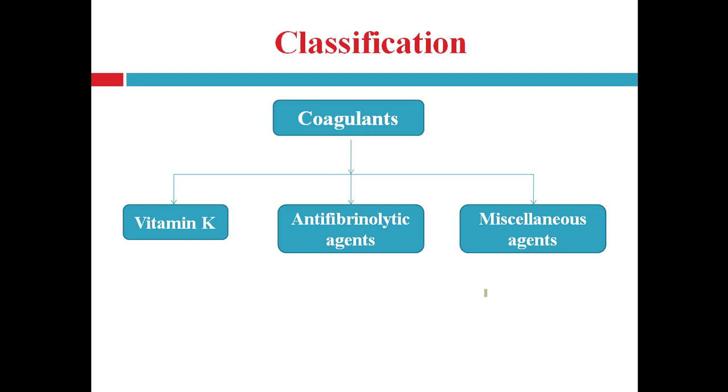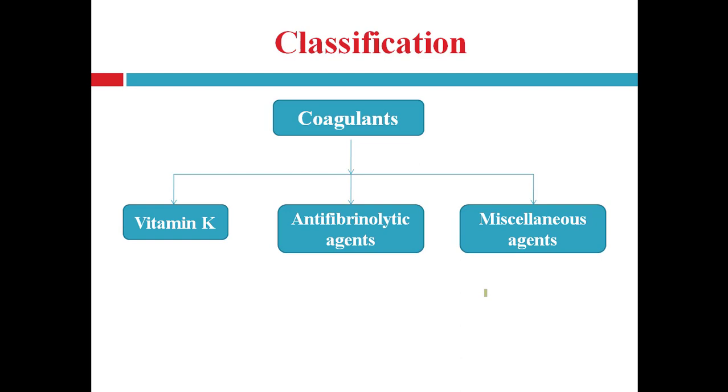Now, classification. Generally, fresh whole blood or plasma provide the entire factor, right. Fresh whole blood or plasma provide the whole factor needed for the coagulation, right, and it is the best therapy for the deficiency of any clotting factor, right.